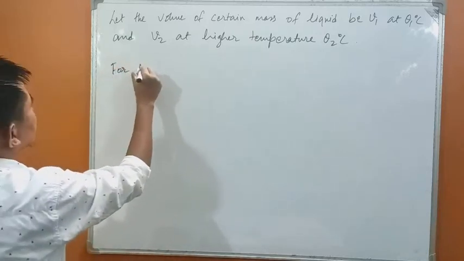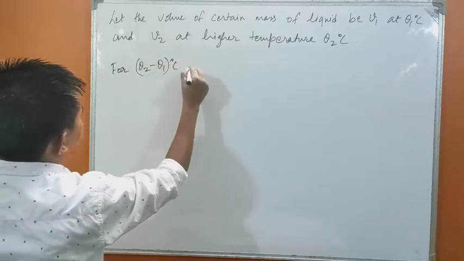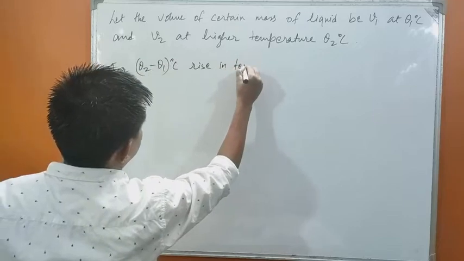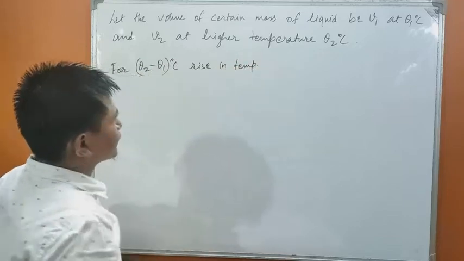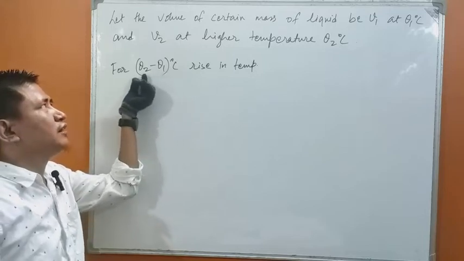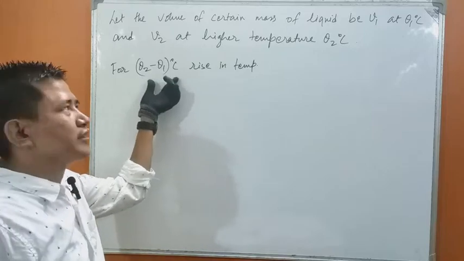For theta 2 minus theta 1 degree Celsius rise in temperature. Rise in temperature is theta 2 minus theta 1. Original temperature was theta 1. Increased temperature is theta 2. So rise in temperature is theta 2 minus theta 1.